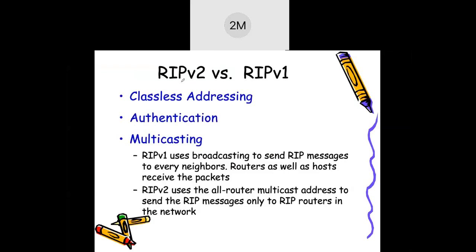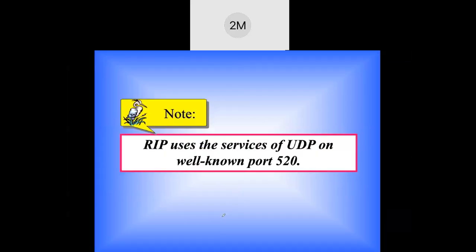So RIP version 2 and RIP version 1. Authentication is there in version 2, and multicasting is supported. V1 is broadcasting, V2 is multicasting. Now this we have to discuss in detail next time, which is using port number 520 and protocol UDP.